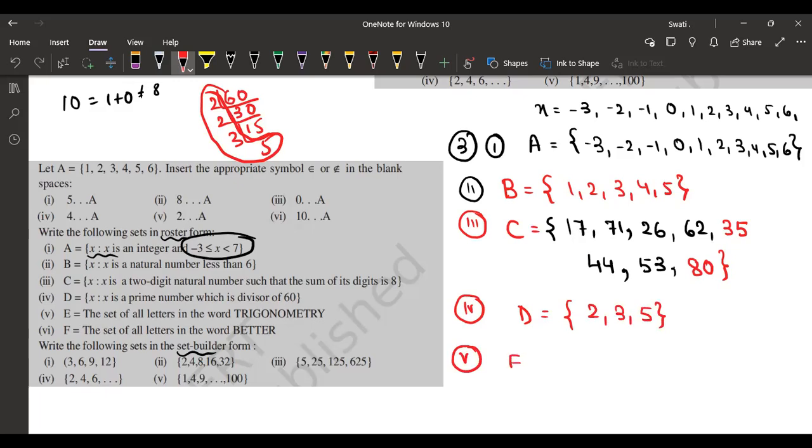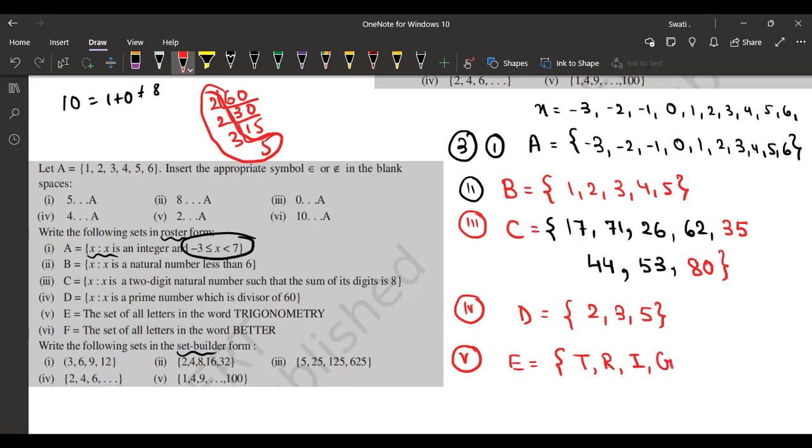E equals, we have to write down the set of all the letters in the word trigonometry. So let's start. It's very simple. T, R, I, of course. I forgot to tell you, we always write the elements of the set by separating the elements with a comma. So don't forget to write the comma as well.